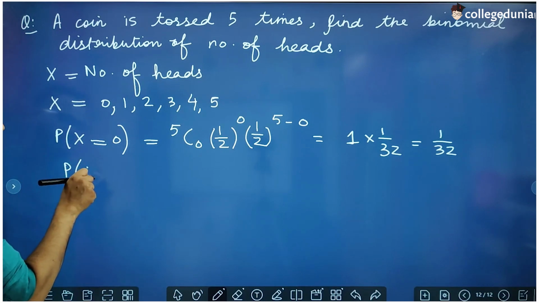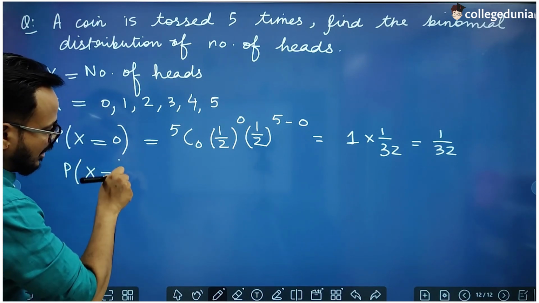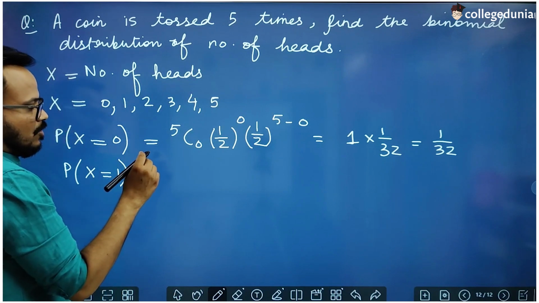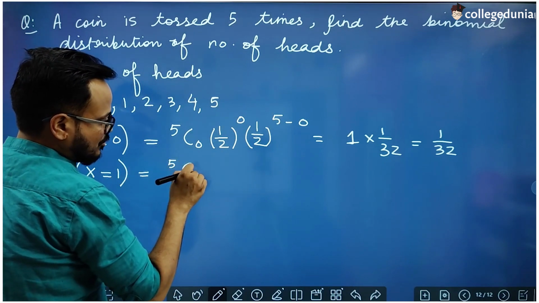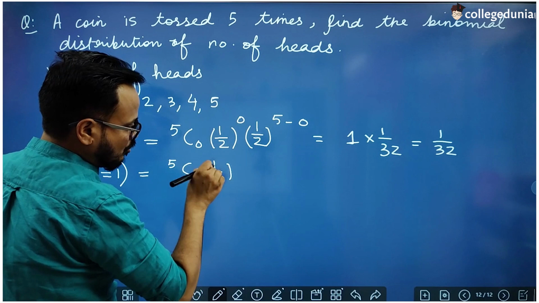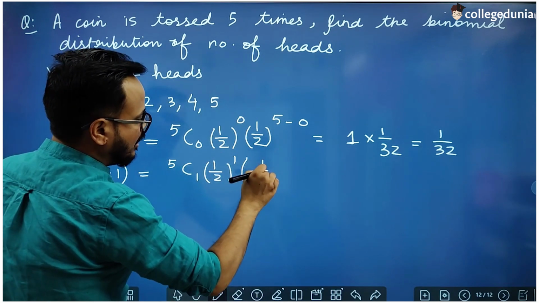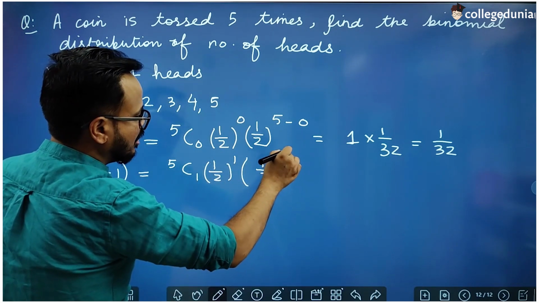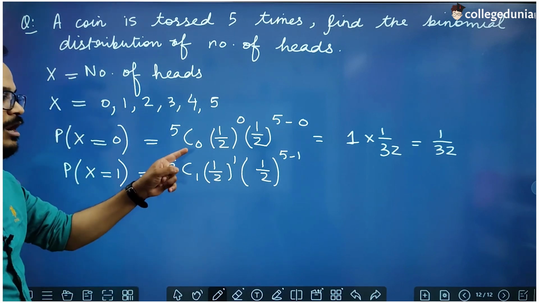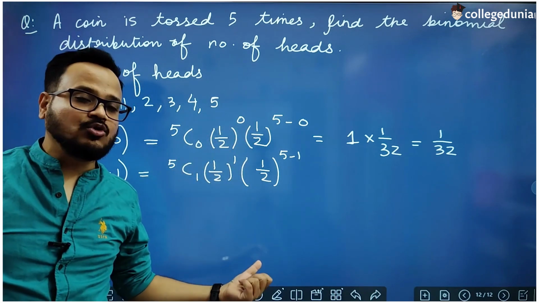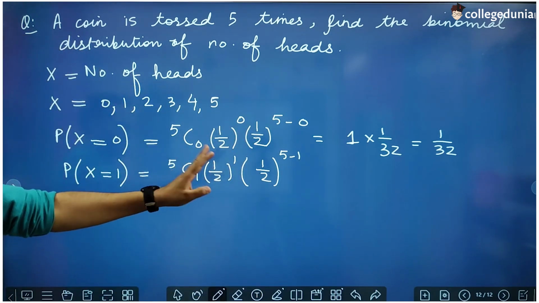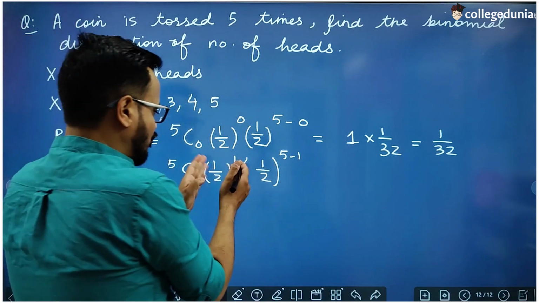Okay, P(x=1). 5C1 (1/2)^1 and (1/2)^(5-1). The total power of 1 by 2 is always going to be 5, right? 4 plus 1, again 5.